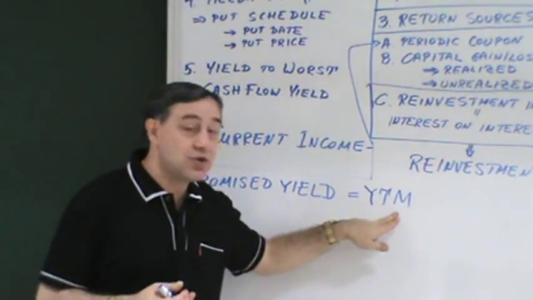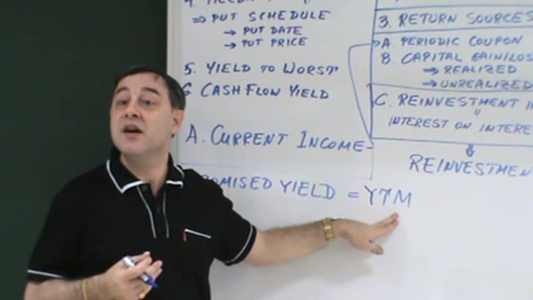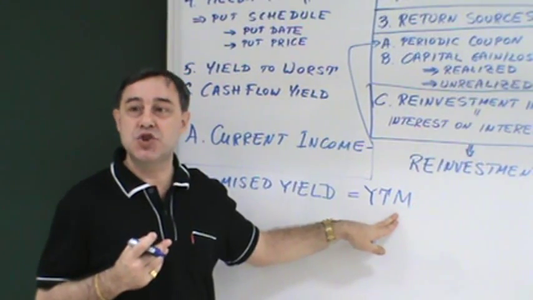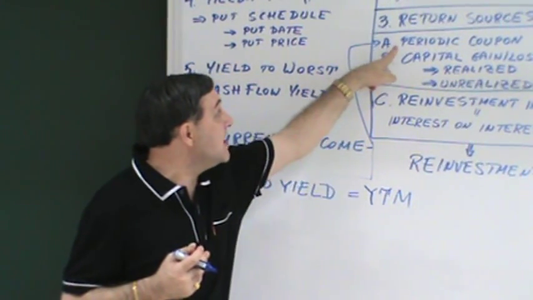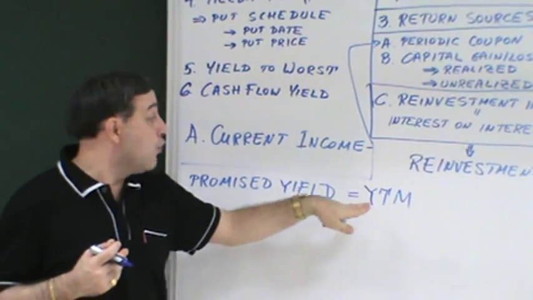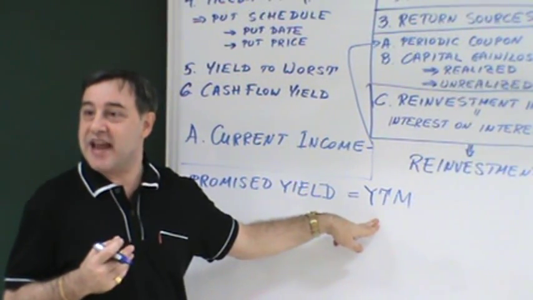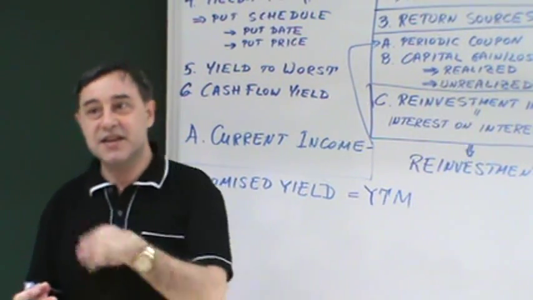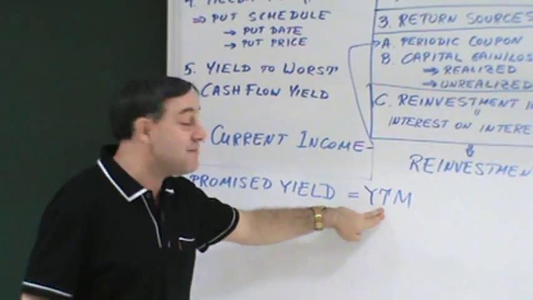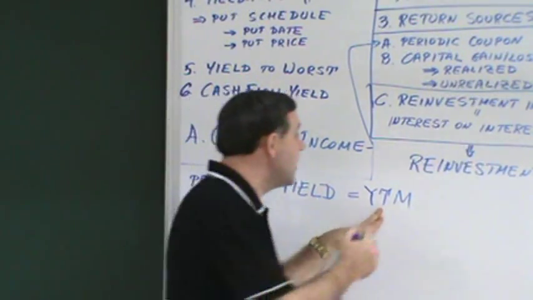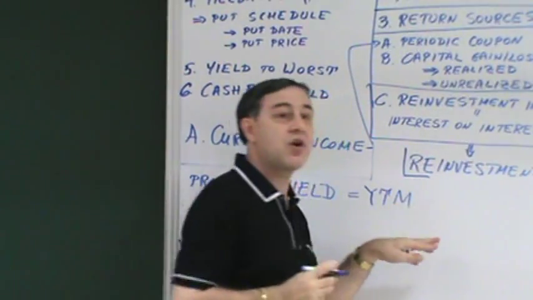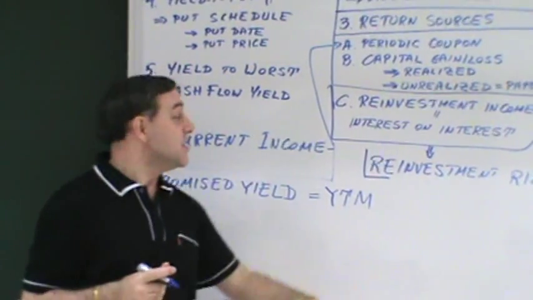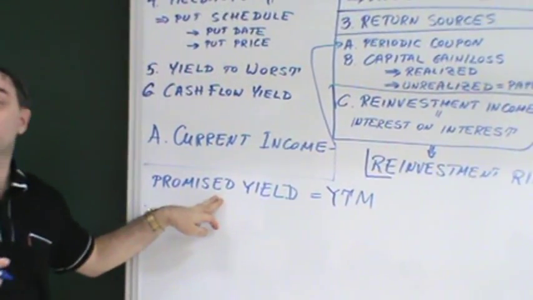So yield to maturity's main weakness is that it assumes that the coupon, meaning the current income, will be reinvested at the same yield as the yield itself. So if it's 6, it's 6. The fundamental weakness of yield to maturity is that it ignores reinvestment risk completely.